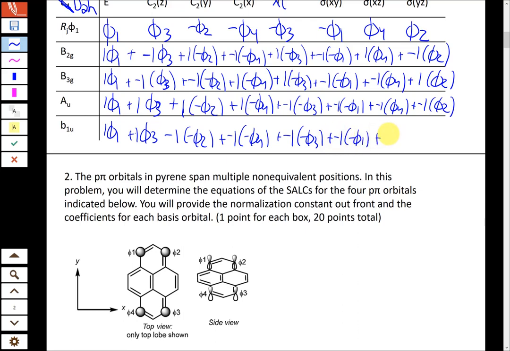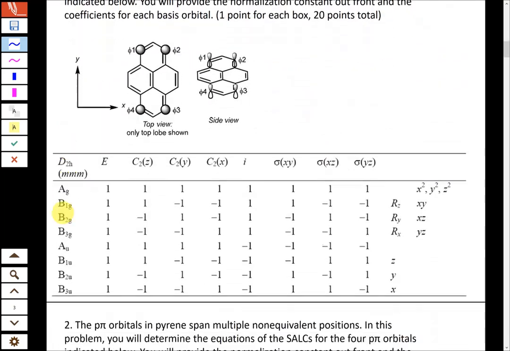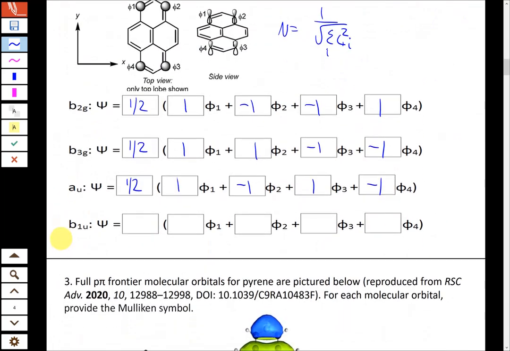And then we get plus 1 times phi 4 plus 1 times phi 2. So every coefficient ends up being plus 1: 1, 1 for phi 1, 1 and 1 for phi 2, 1, 1 for phi 3, 1, 1 for phi 4. So for B1U, we get all plus 1. This would be the one where they're all in phase. So we get 1, 1, 1, 1, and the same normalization.